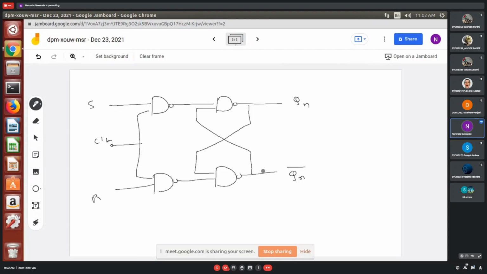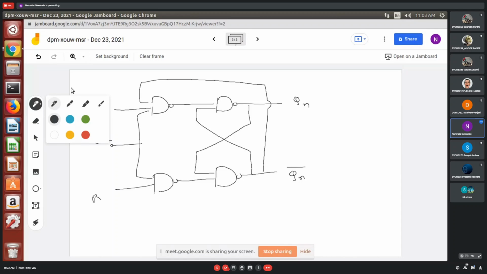We have to connect this Q n bar to the input of the S NAND gate, where we have connected the set input to that NAND gate. We have to connect the Q n bar, and this will be connected to this NAND gate.